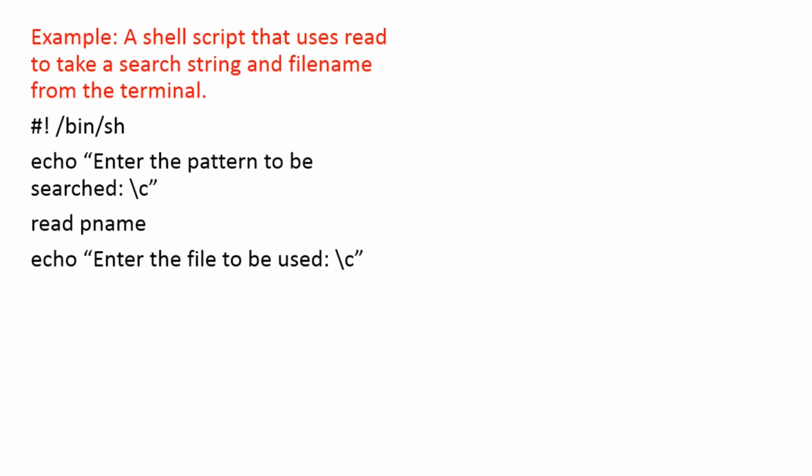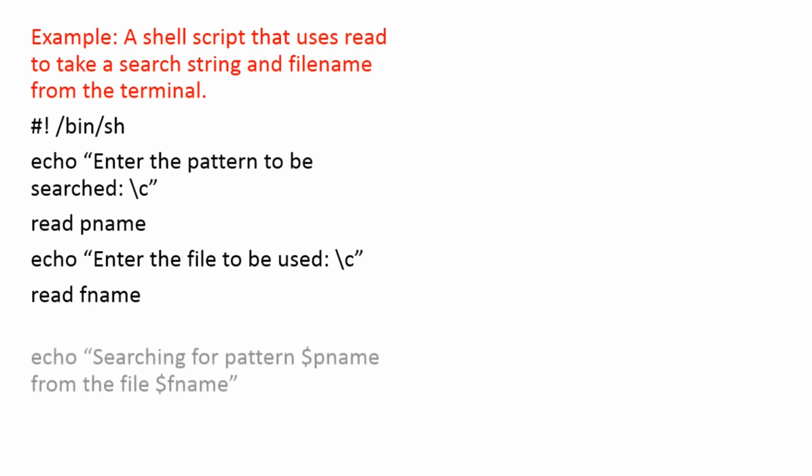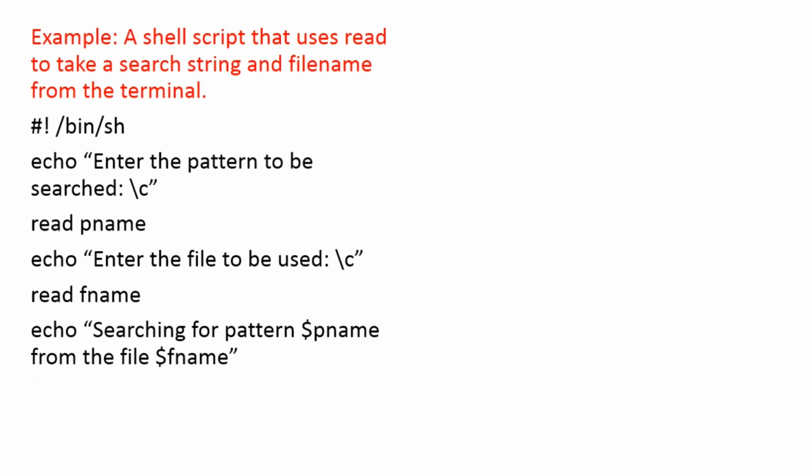Next statement, echo, enter the file to be used. I am printing a message, that is, enter the file to be used. Next statement, read f name. So here I am reading the file name from the terminal. Next I am printing a message, searching for the pattern $p name from the file $f name.